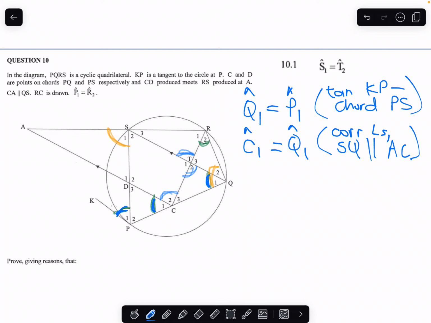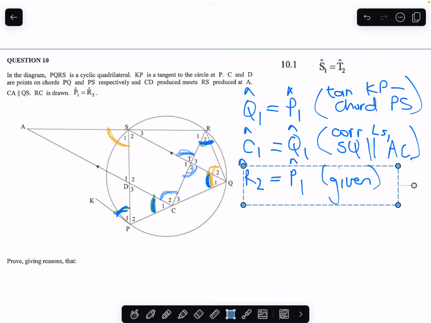And we also know that R2 is equal to P1. It was given. So therefore C1 is equal to, to really spell it out, maybe let me move this one down.